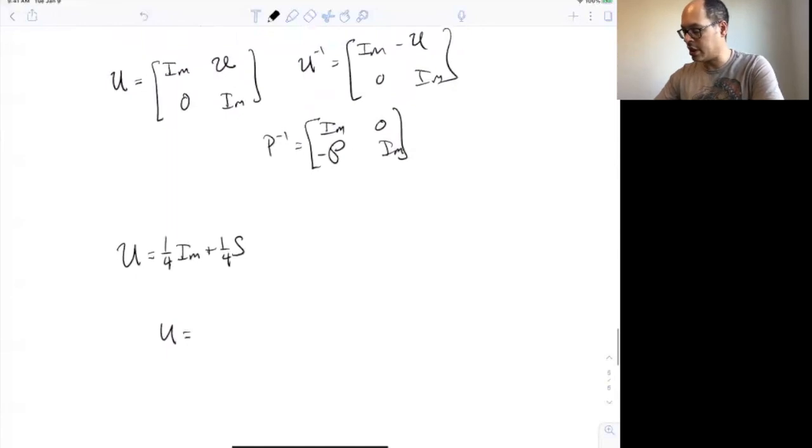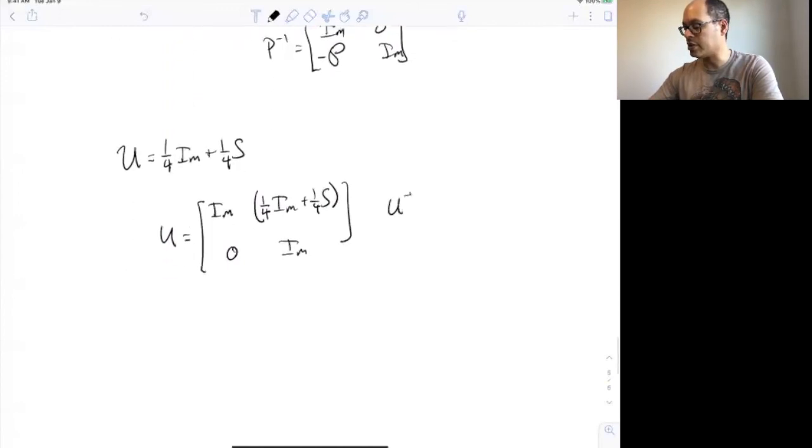The original U very explicitly looks like IM, minus 1/4 IM plus 1/4 S, 0 IM. And so therefore U inverse is going to look like IM, minus 1/4 IM minus 1/4 S, 0 IM.